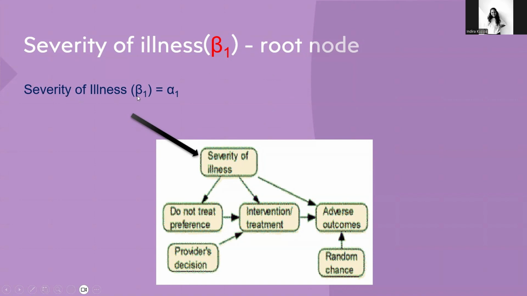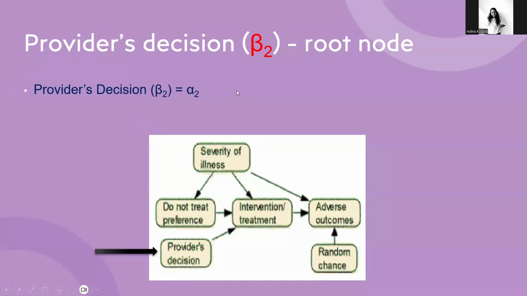Here, the severity of illness, beta 1, will be equal to alpha 1, the y-intercept itself. Coming to the provider's decision, we labeled it as beta 2. It is also a root node, with no parents in the given network. It is also equal to alpha 2, its overall constant, the y-intercept.